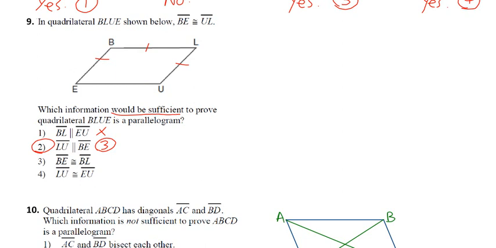And with number 4 we have something very similar, LU congruent to EU, and again that is not enough to say that this is a parallelogram. So the answer is option number 2, having one pair of opposite sides that is both parallel and congruent.